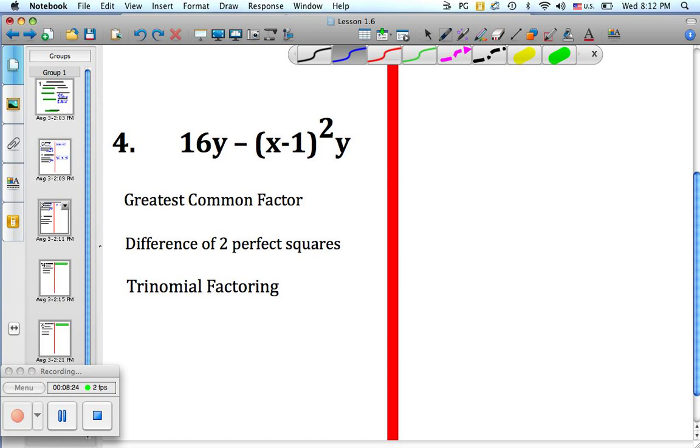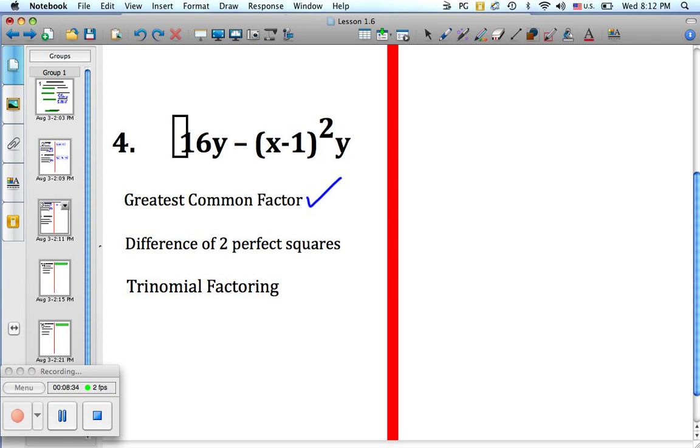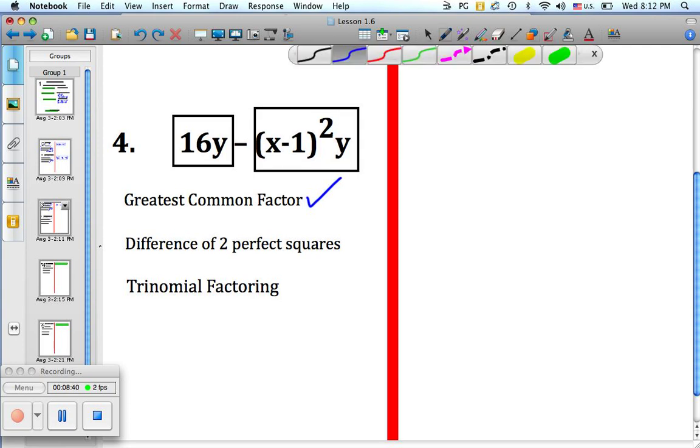All right, let's look at this one. Is there a greatest common factor? Well, first of all, you have to recognize the terms. There is one term right here, and there's a second term right here. Is there something in common to those terms? Yes, a y.